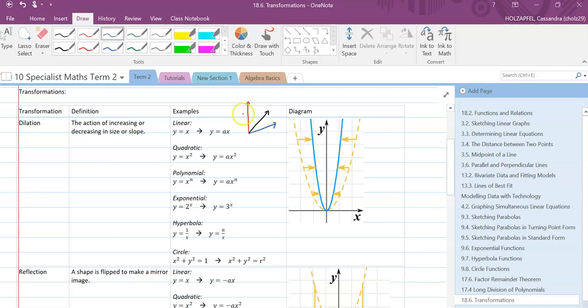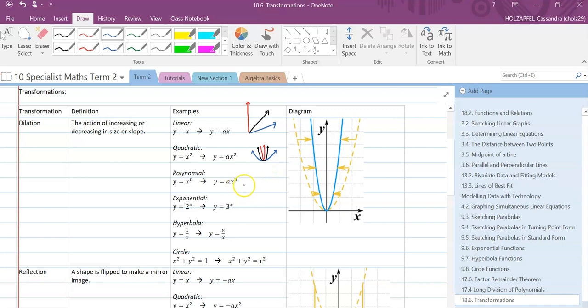We can also see this in a quadratic function, and I've got the diagram drawn here as well. If I've got my very basic parent y is equal to x squared function, and I increase the value of a so that a is larger than 1, that's going to increase the slope of my curve. If I decrease that, it's going to decrease the slope of my particular quadratic. And we can see this in a lot of the same graphs.